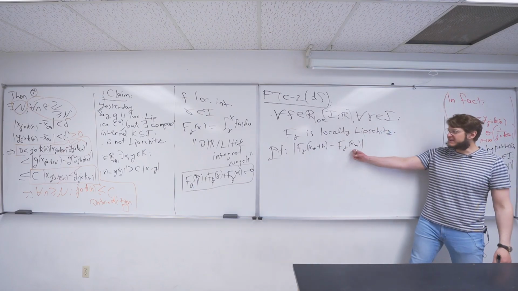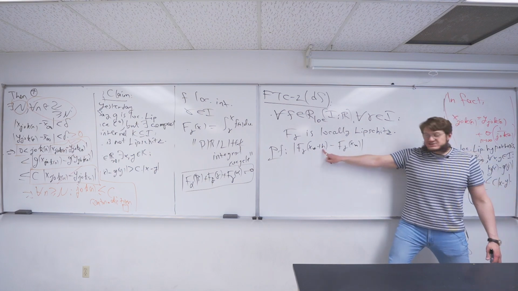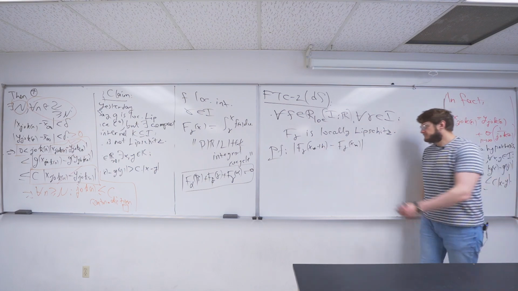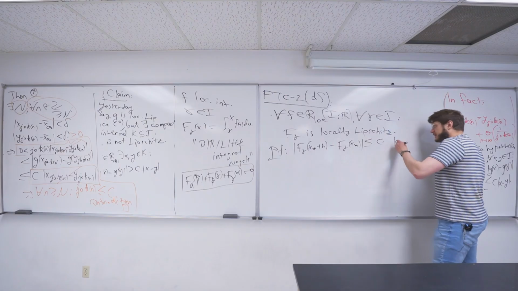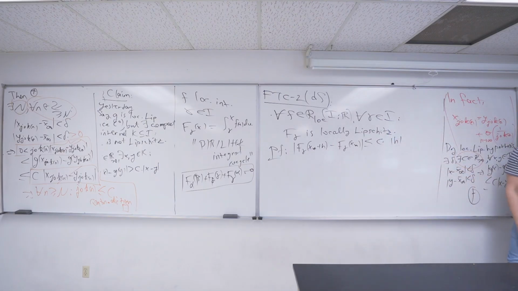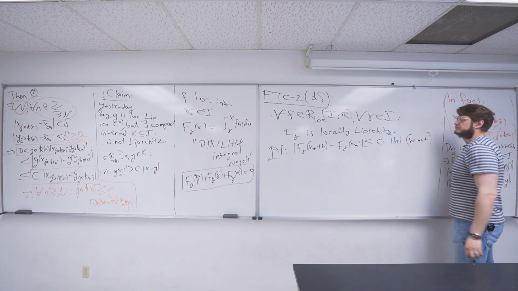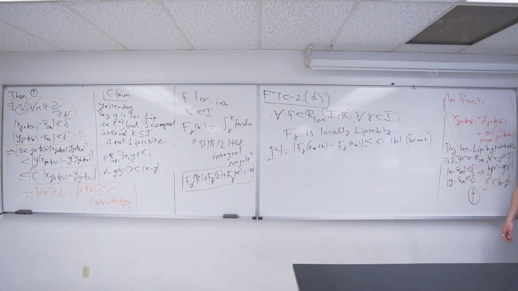I'm going to choose an x star in I, and I want to say if h is small enough in absolute value, then this is upper bounded by a constant times h in absolute value. This is what I want.